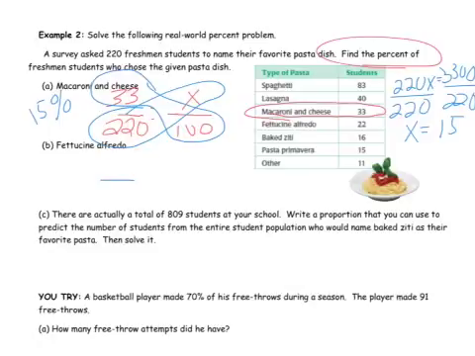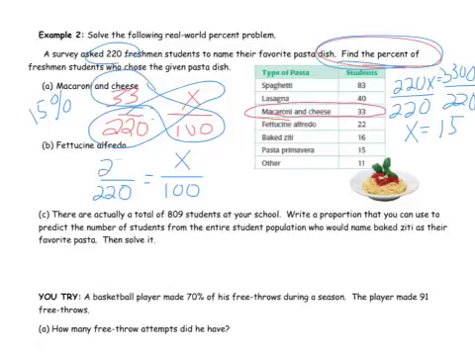Alright, so let's do fettuccine alfredo. Alright, so I'm going to draw my proportion. 100 always goes on the bottom. I'm still looking for the percent, so I know x is going to be there. And I know the total students, so how many of the total students liked fettuccine alfredo, which I got from right there, is 22.